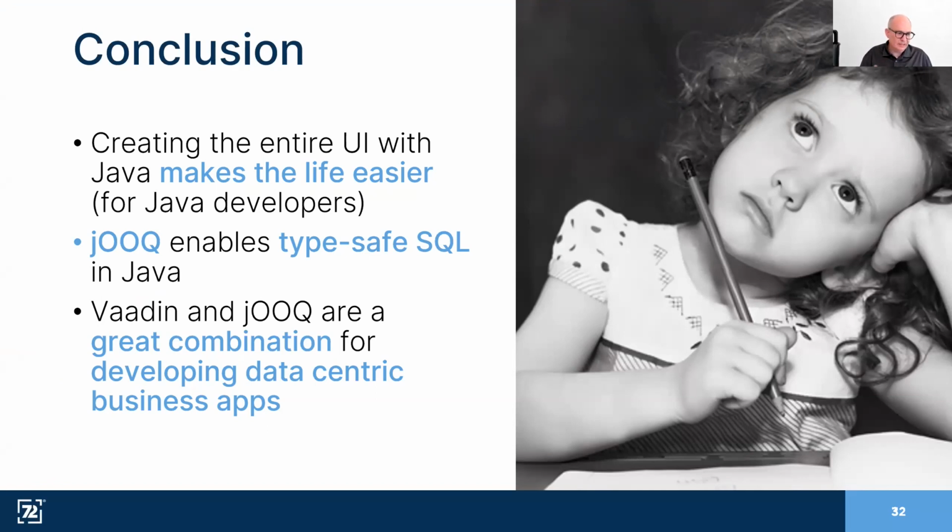If you're doing plain CRUD applications, you can even omit the service layer because you can directly access the database from the view logic. And with that, you can use jOOQ, which really creates a benefit because it creates type-safe SQL statements. Vaadin and jOOQ form a very good combination to develop these data-centric business applications.